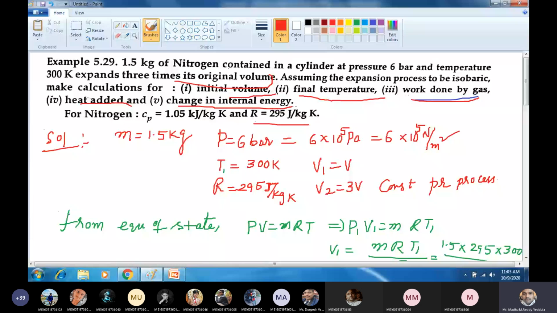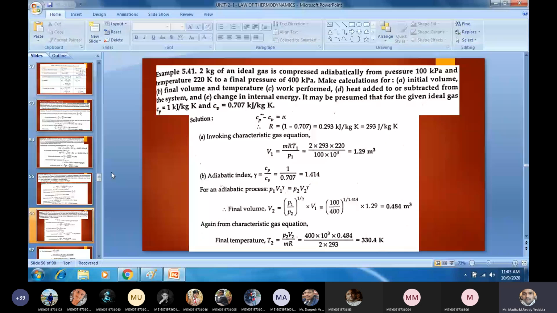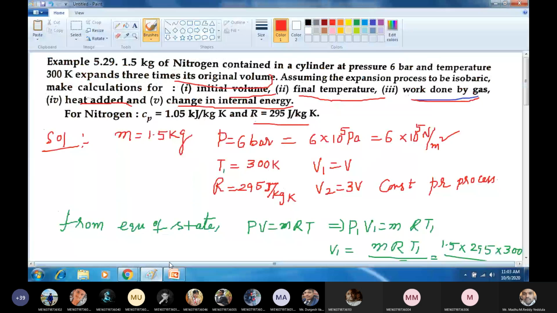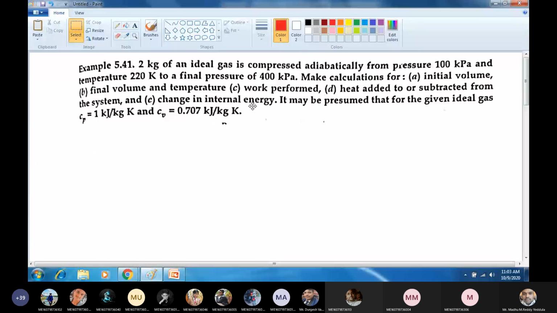Okay, let's go to the next problem. Just go through the problem. 2 kg of an ideal gas, so mass is given as 2 kg.